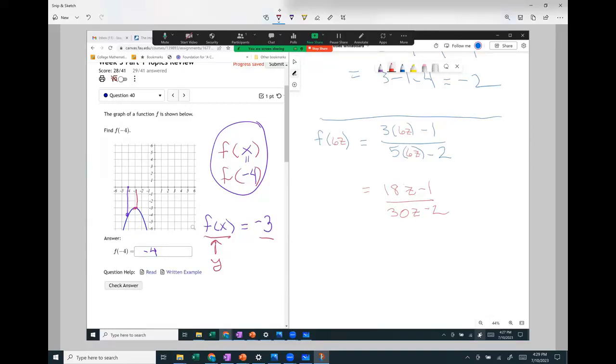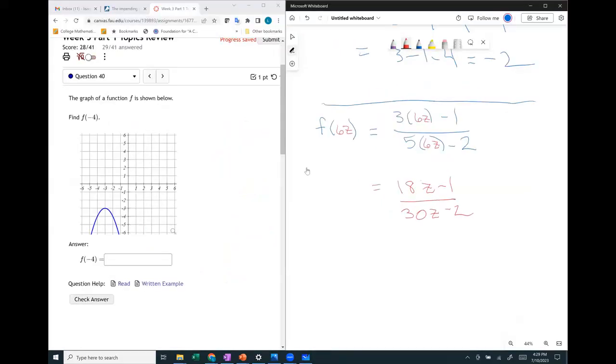They'll ask me what x is. x would be also -3. That's how that works. So if they give you f of x equals something, they're really saying y equals that thing. And I go to where my y equals -3 and I find what x is. If they're giving me what's inside, they're actually giving my x value and I want to know my y value. So -4 is the answer here.